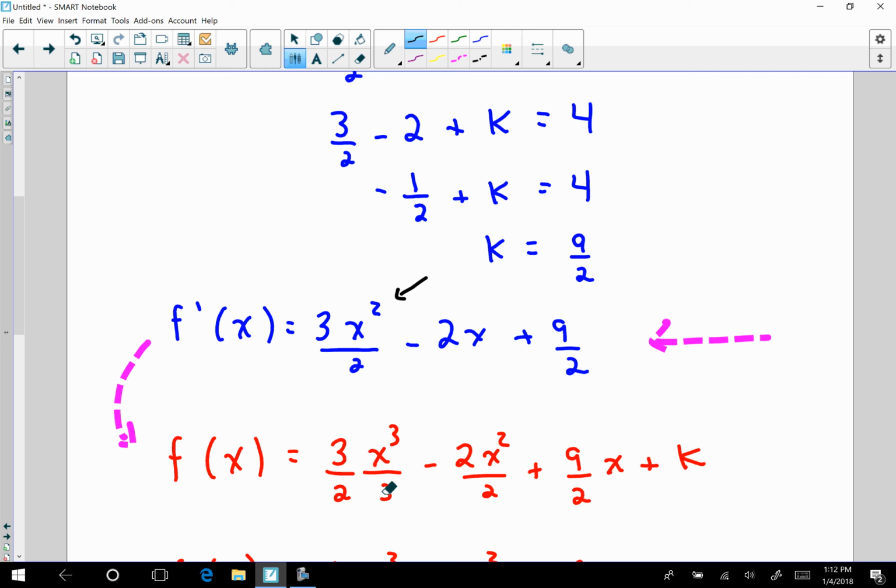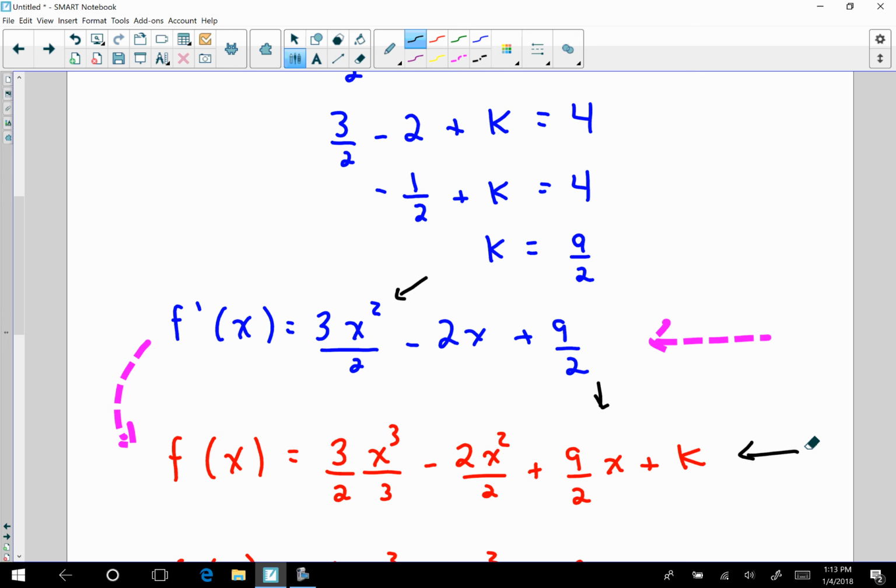I divide that by 3. Keep in mind I did have this 3 halves. I keep this constant out in front. And I think it's clear that the antiderivative of 2x is x squared, or 2x squared over 2. The antiderivative of this piece, 9 halves, is 9 halves x. And I cannot forget this constant of integration.